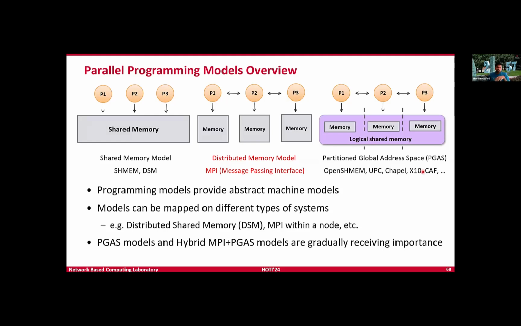A good balance between the two is what is called the partitioned global address space, or PGAS, model, where you have a physically distributed memory system, but it exposes a common logical view of the distributed shared memory so that it looks like this to end users.